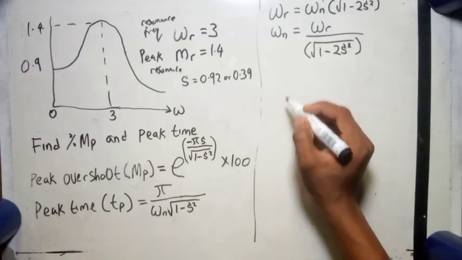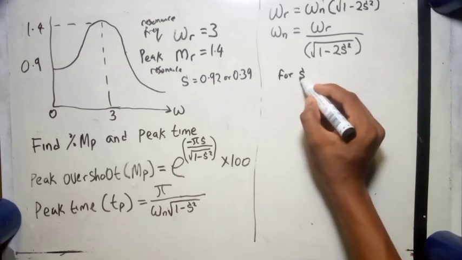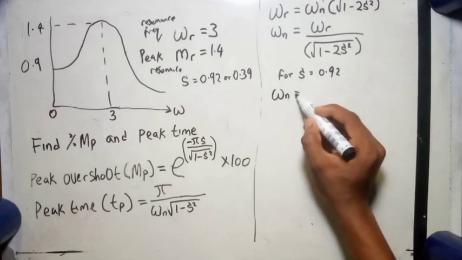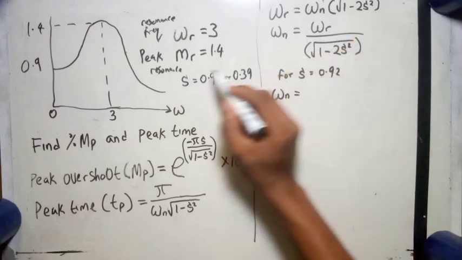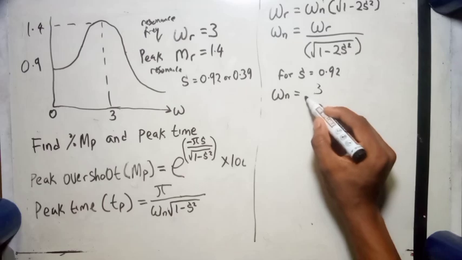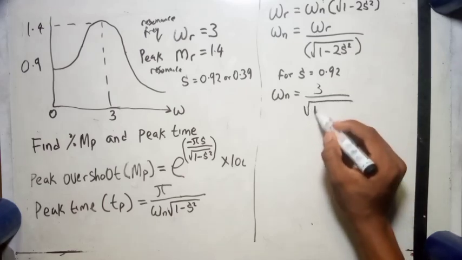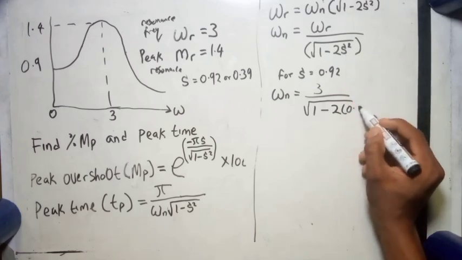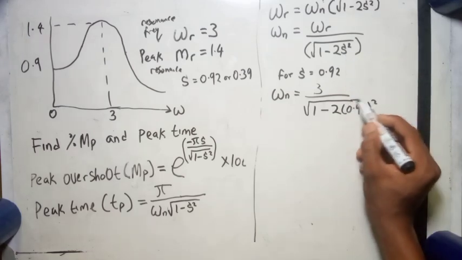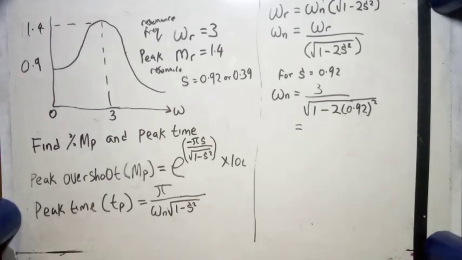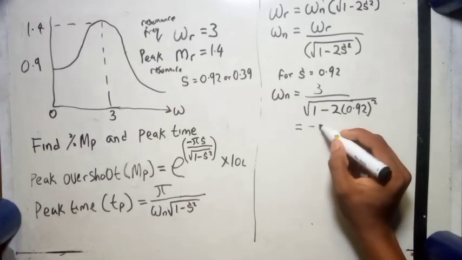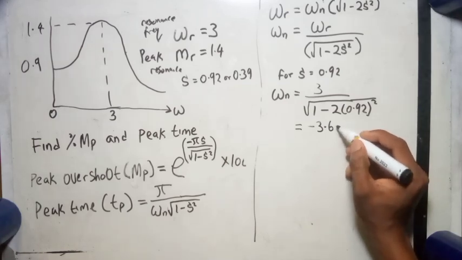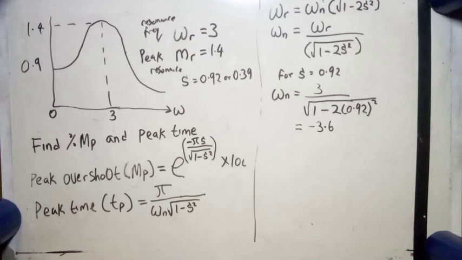Now for zeta equal to 0.92, we have that our natural frequency, Wr, the resonance frequency, is 3 over root 1 minus 2 times the zeta, which is 0.92 square. Now this is going to give us minus, is this correct? 3.6. Okay, this is what I got.